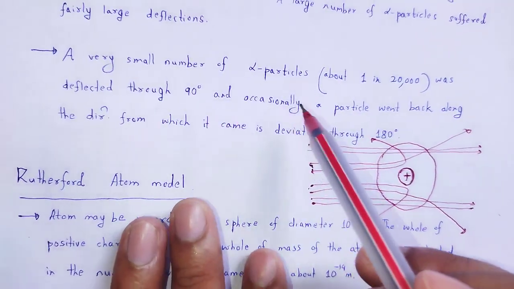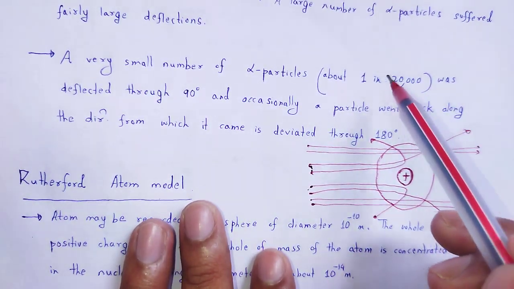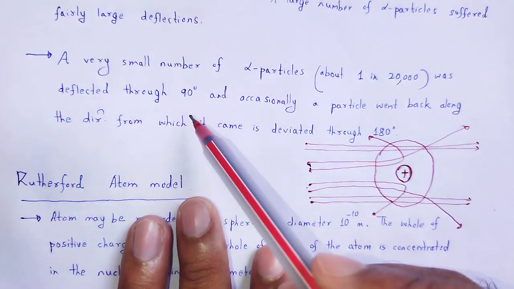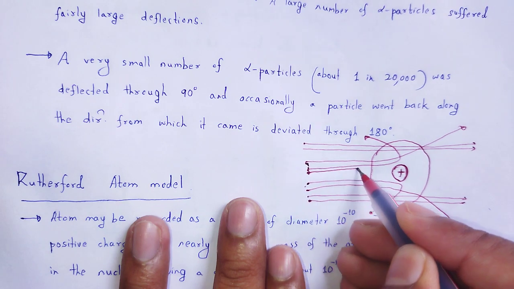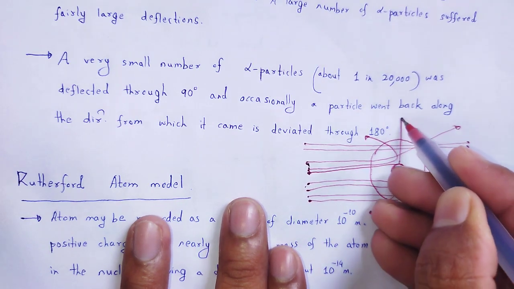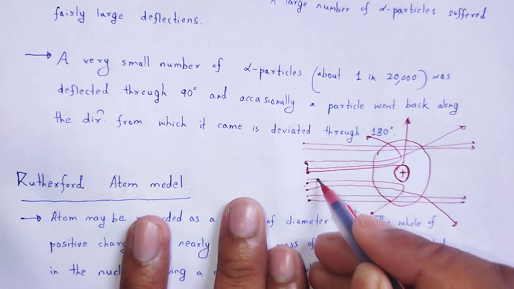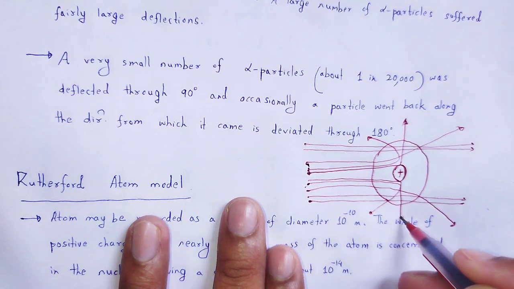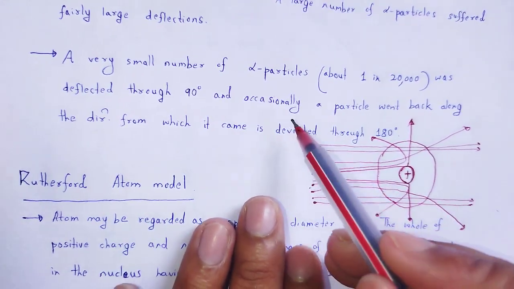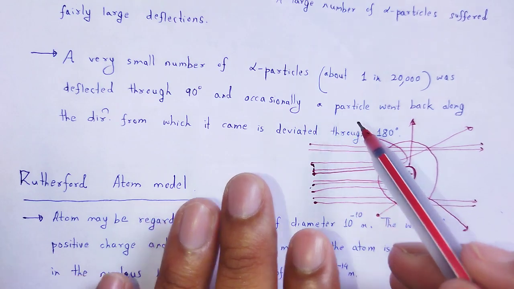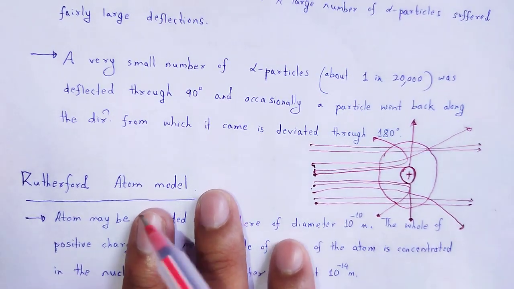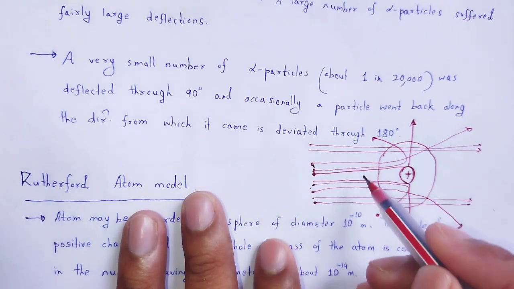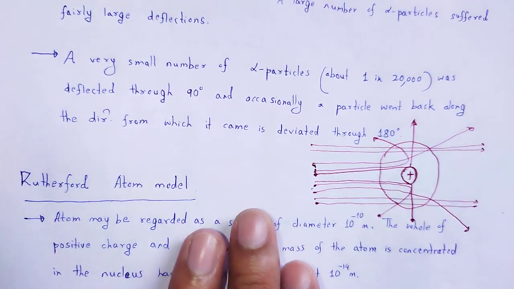Here we see out of 20,000, one is deflected through 90 degrees, and occasionally a particle went back in the same direction from which it came, that is 180 degree deflection.